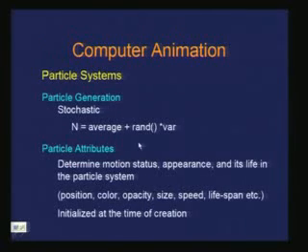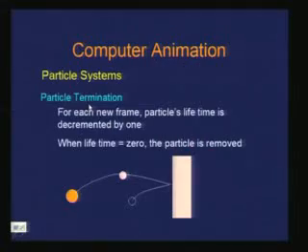Now, we said that particles have a lifespan, so they would terminate at some instance of time. For each new frame, you have a subtraction of the time which has elapsed from the life of the particle.